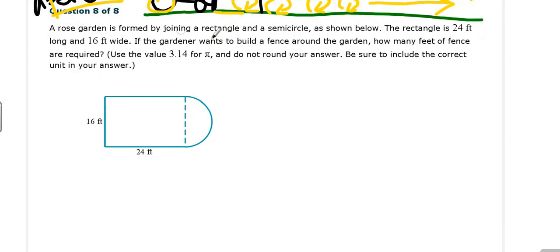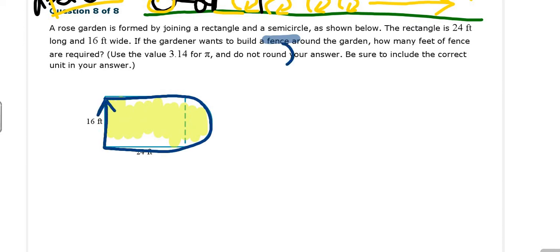A rose garden is formed by joining a rectangle and a semicircle. The rectangle is 24 inches long, 16 inches wide. If the gardener wants to build a fence around the garden, so the garden is the yellow, and we're going to be finding the fence which goes around like this.